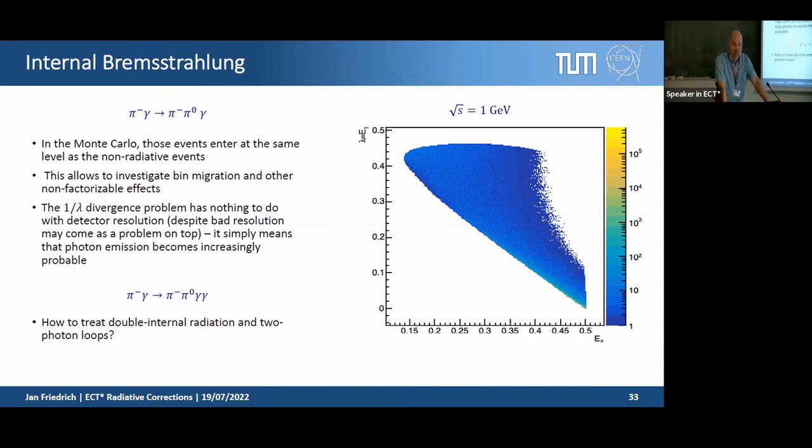It's maybe getting boring, but well, there's newcomers, so I allow myself this remark: the 1 over photon energy divergence has nothing to do with detector resolution. Yeah, it can be that you have a bad resolution detector. We heard about that, and then this doesn't play a role, this effect, but the 1 over lambda divergence is more severe.